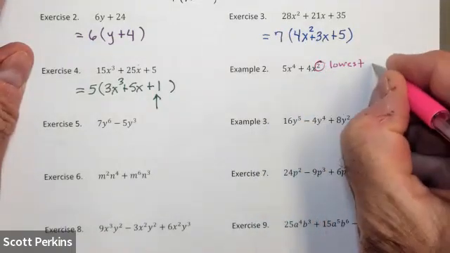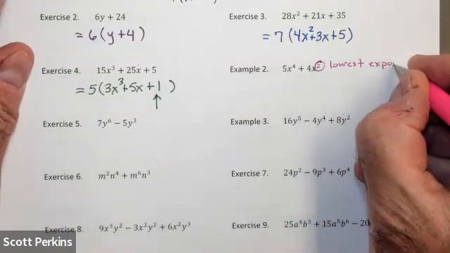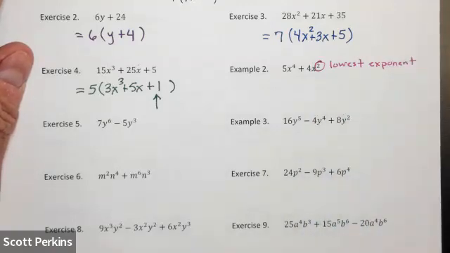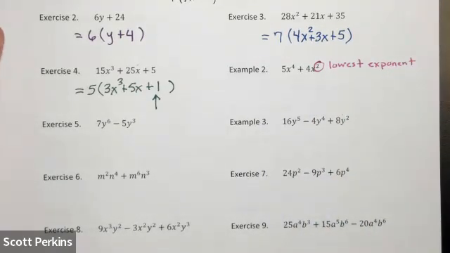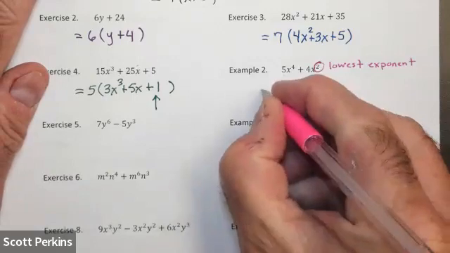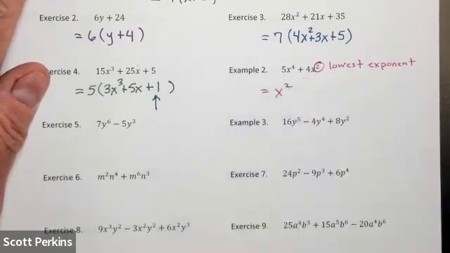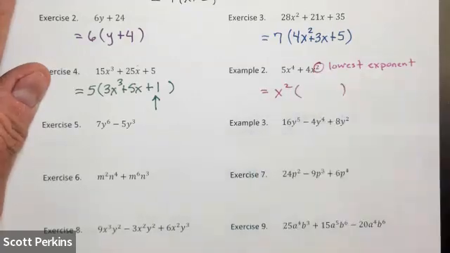When you're factoring variables with exponents, you always just look at what is the lowest power. So I can factor out 2 x's, meaning x squared. So I'm going to write an x squared out in front. And here's my parentheses.